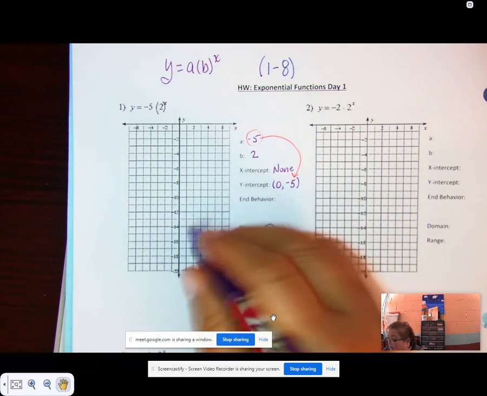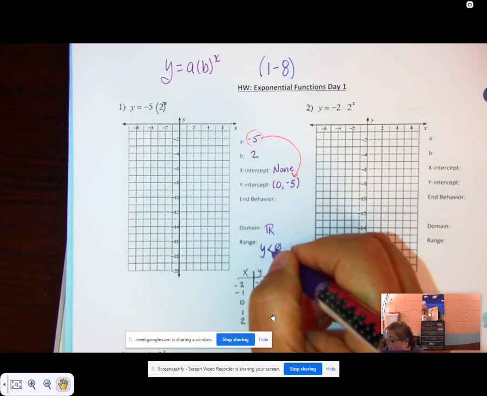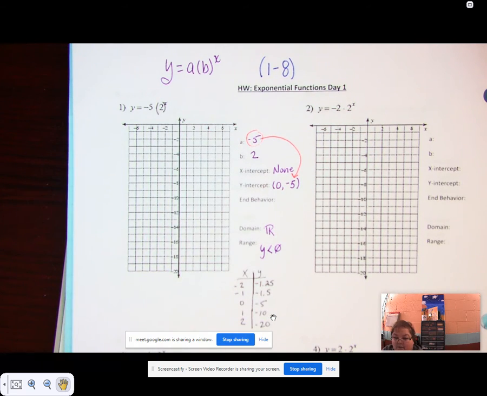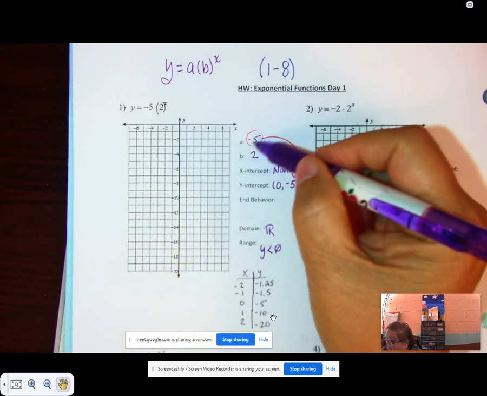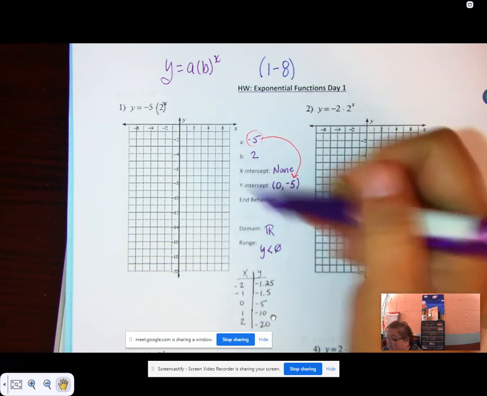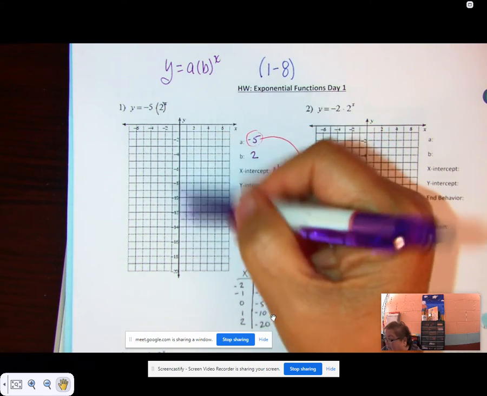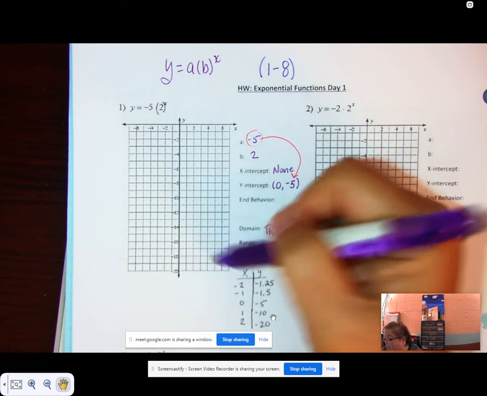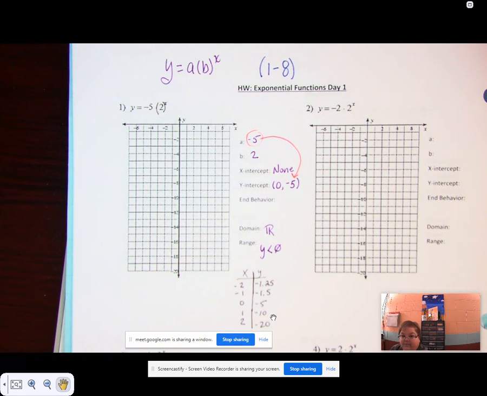So y values are less than 0. So if my a is negative, y is less than 0. All of the y values to my function are going to be less than 0. So let's check that out.